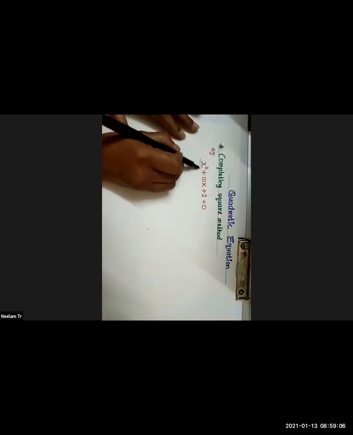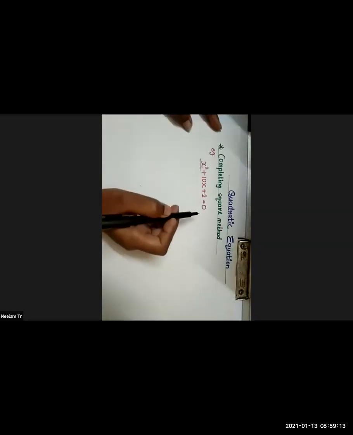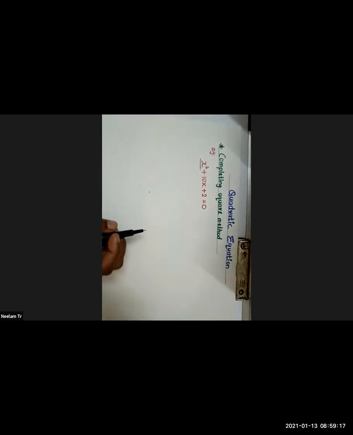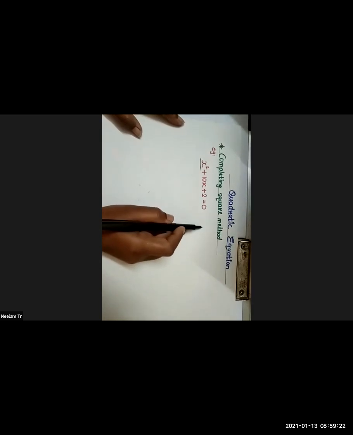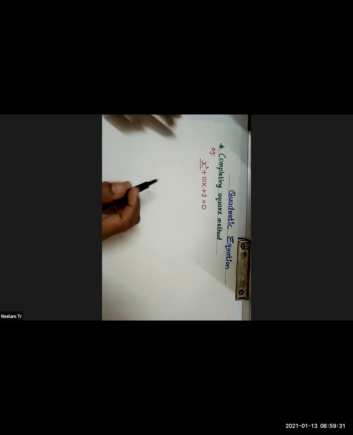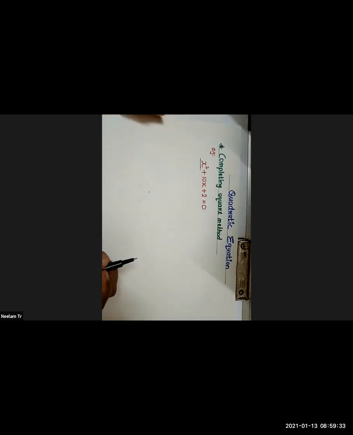What I told you: first, the coefficient of x square should always be 1. If it is given as 2, then you divide both sides to make it 1. The second step, you shift the constant to the right hand side. The third step, you make it a perfect square. And the last step, you find the 2 roots.